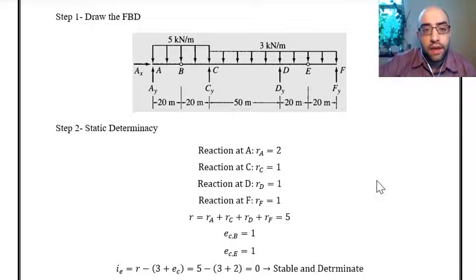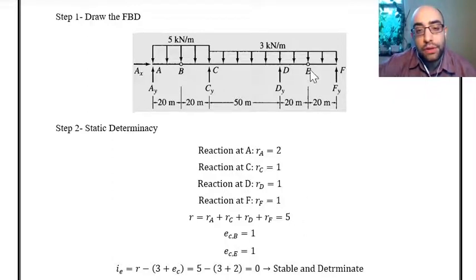In this specific case, I have 2 hinges, one at point B, one at point E. So EC for B equal to 1, EC for point E equal to 1, and EC will be 1 plus 1, which is 2.